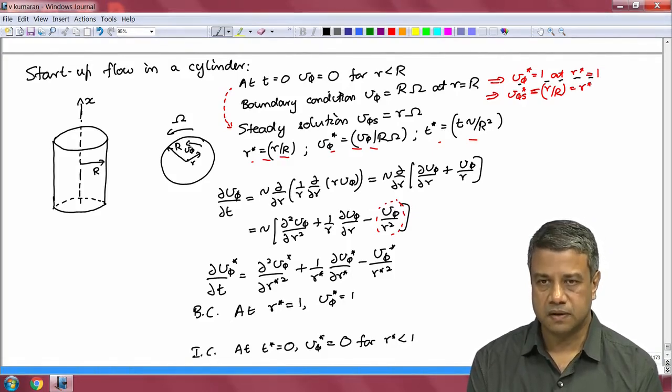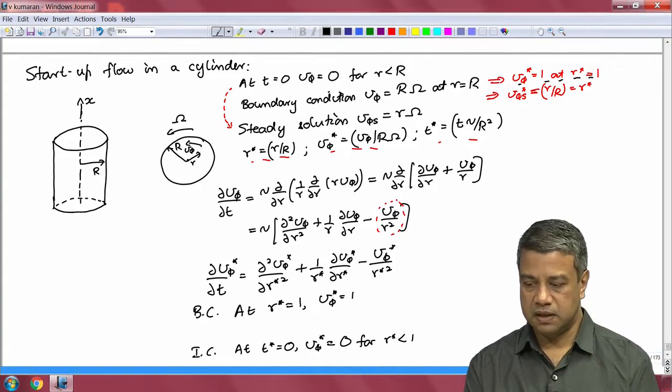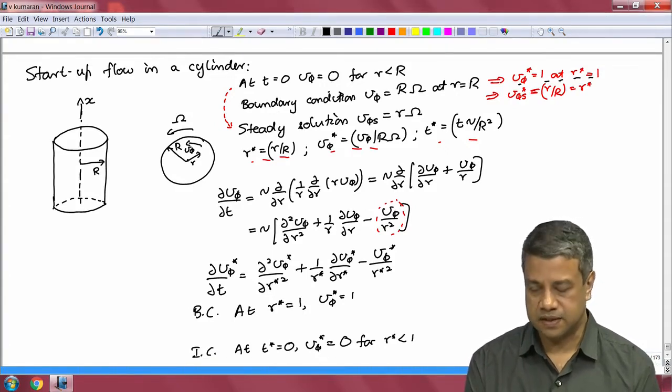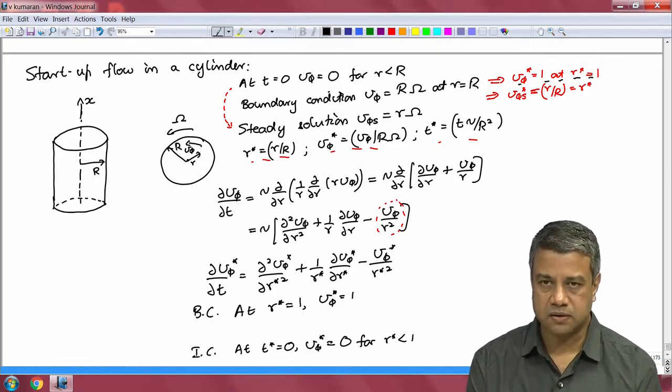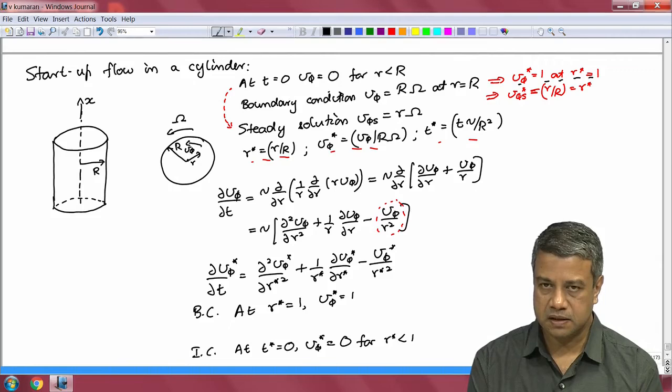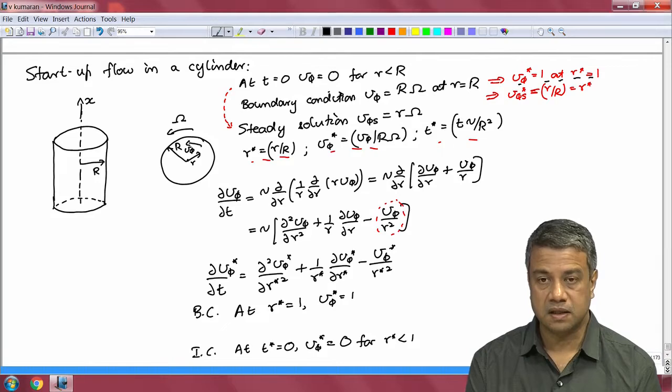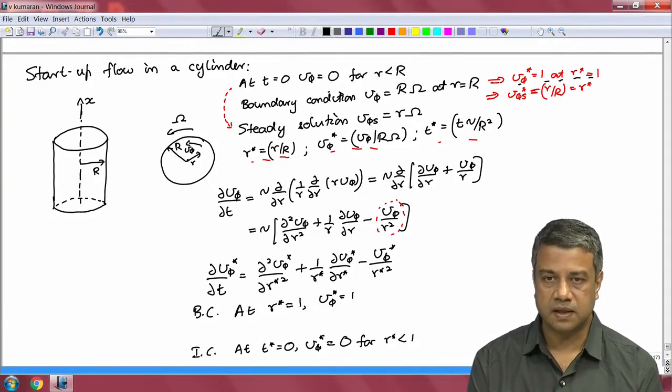The tangential velocity V phi is the radius times the angular velocity. In the limit as r star goes to 0, if the angular velocity has to be finite, then V phi has to go to 0. Otherwise, if V phi is finite and the radius is going to 0, it means that the angular velocity is going to infinity, which is unphysical because there is no physical boundary at this location.